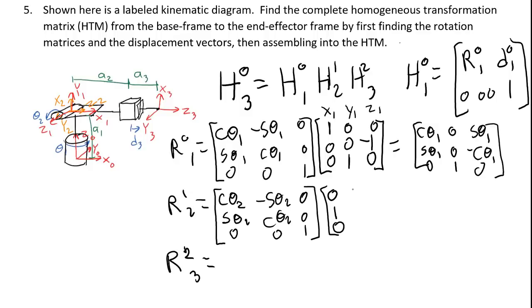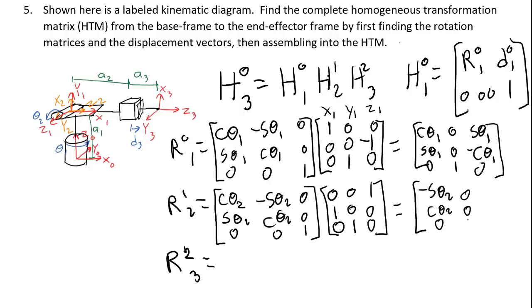Y2 is in the same direction as Z1. And Z2 is in the same direction as X1. I multiply these matrices together. And I'm done with that matrix.